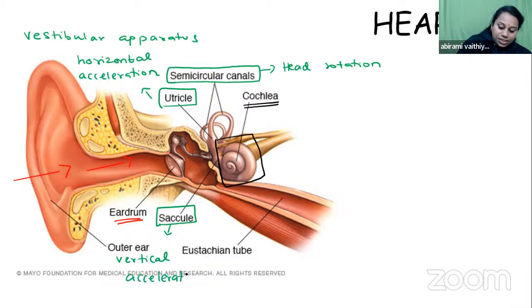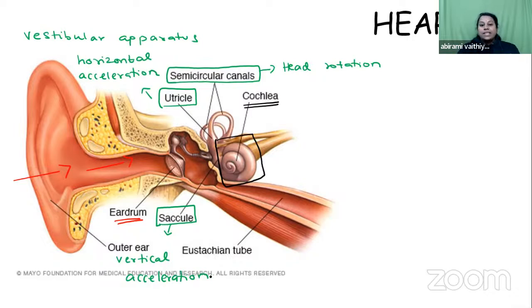What is an example of vertical acceleration? In a lift, when you go very fast from the ground floor to the first floor, quickly when the lift ascends up, that is a change in vertical acceleration. All these head rotations, horizontal acceleration, vertical acceleration, are sensed by your vestibular apparatus.